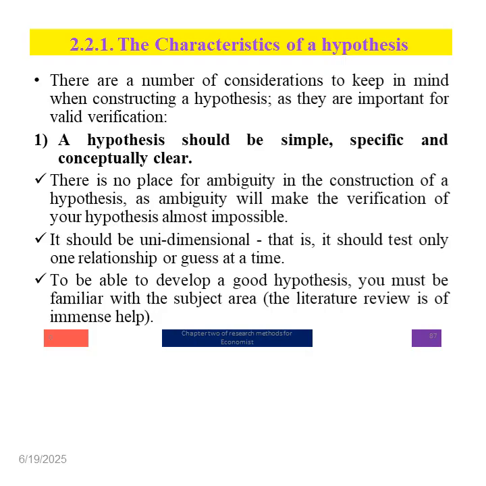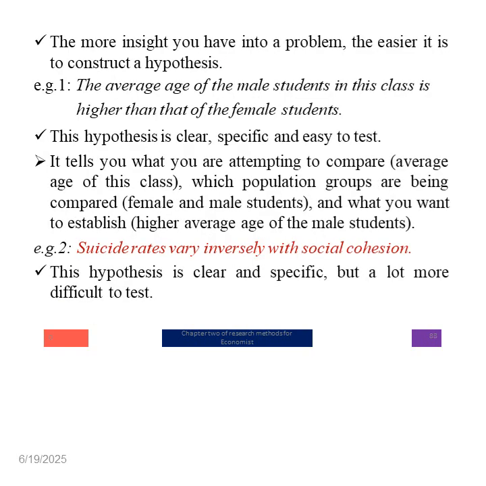To be able to develop a good hypothesis, you must be familiar with the subject area. The literature review is of immense help. The more insight you have into the problem, the easier it is to construct hypotheses. Example: the average age of the male students in this class is higher than that of the female students.